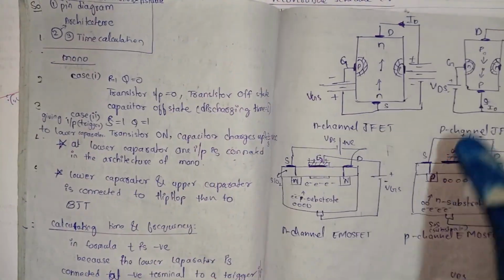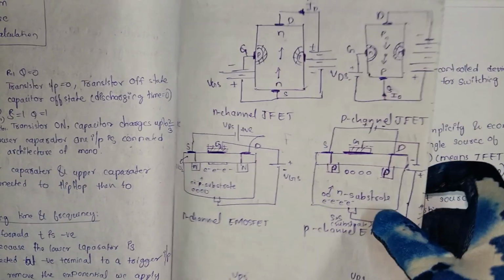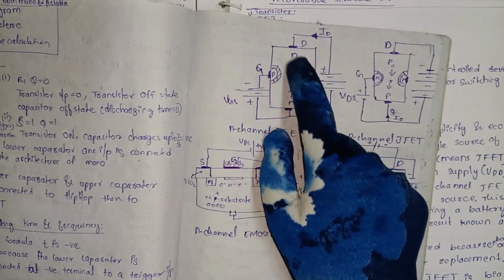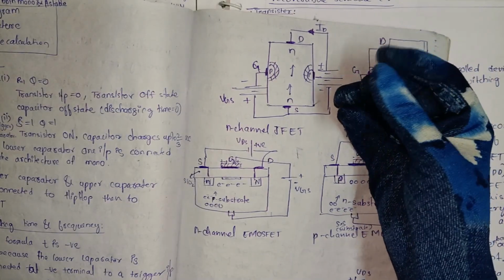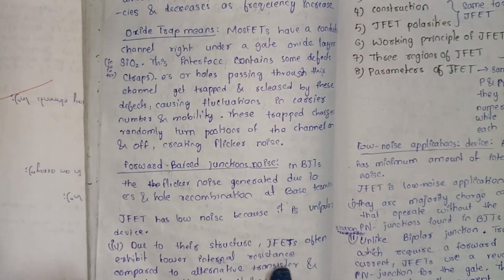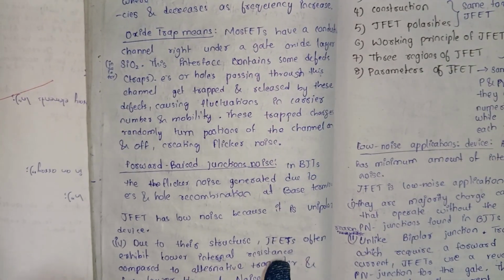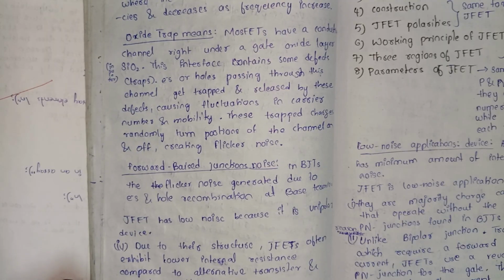So here the JFET structure is like this. The structure has more area for the flow of electrons, and JFETs often exhibit lower internal resistance, so that's why they exhibit lower internal resistance.